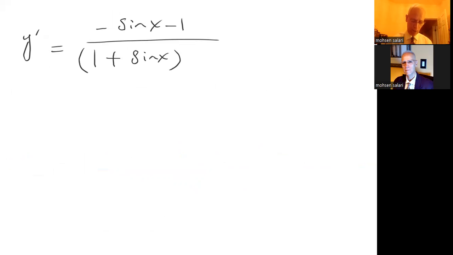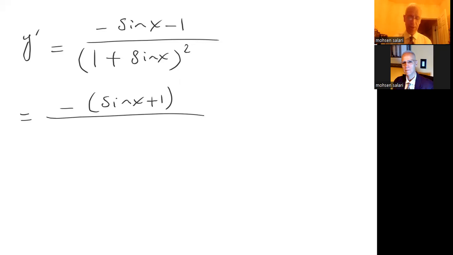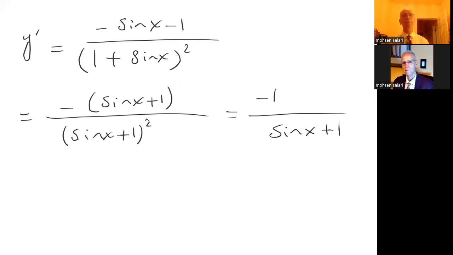So y prime equals minus sine of x minus 1 over 1 plus sine of x quantity squared. So that equals minus sine of x plus 1 over, notice I can rewrite the denominator as sine of x plus 1 to the second power. So this equals negative 1 over sine of x plus 1.